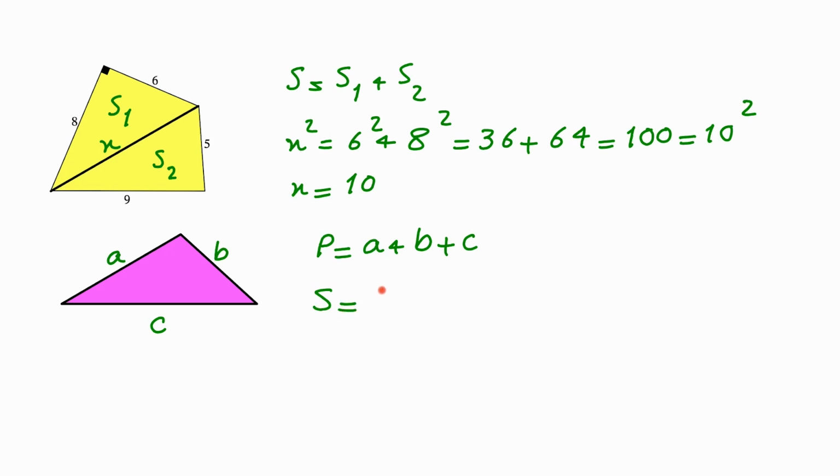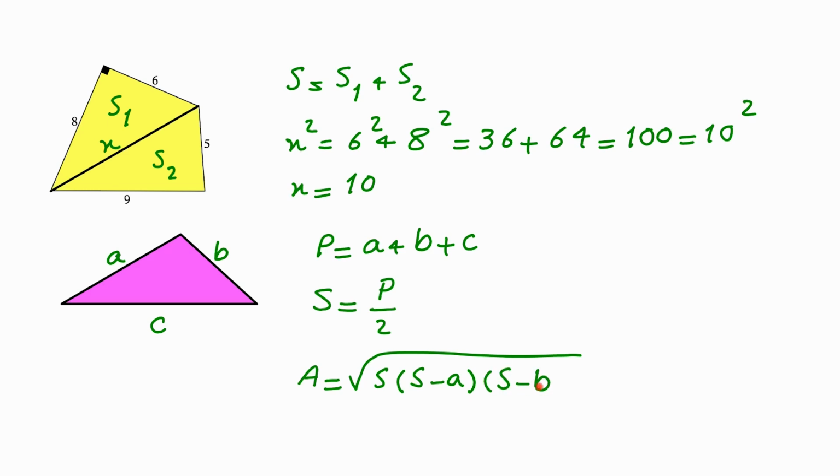S is equal to P divided by 2, and finally the area is equal to the square root of S times S minus A times S minus B, and finally S minus C.